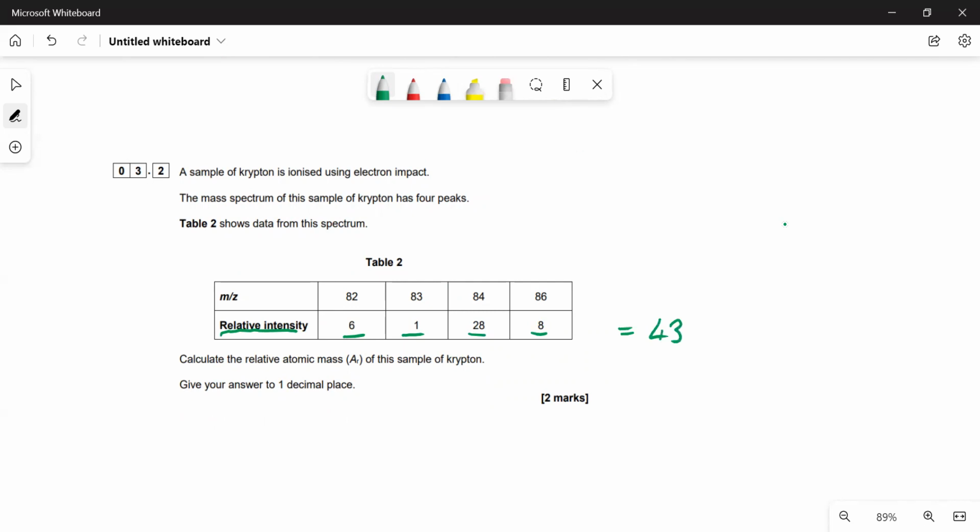So what we've got to do is 6 multiplied by 82, the mass of those, plus 1 times 83, plus 28 times 84, plus 8 times 86, sorry, 28 times 84, not 24.